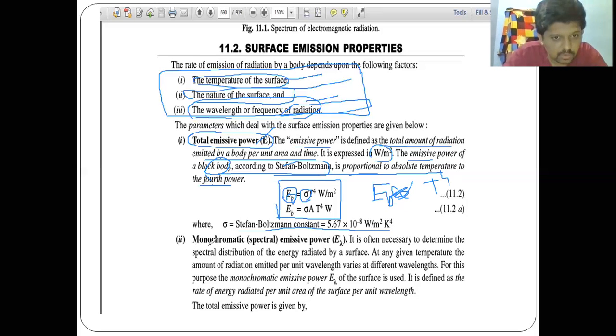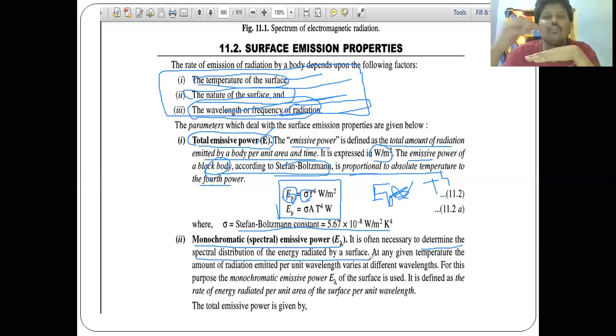Next one is monochromatic emissive power. We define that these emission properties, or the emission, also depend on the wavelength or frequency of radiation. So it is necessary for us to determine the spectral distribution of radiation on a surface. That means the wavelength ranges should be defined.